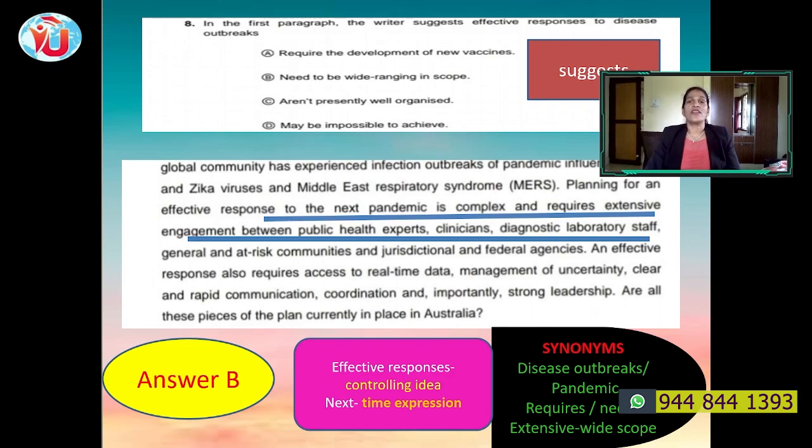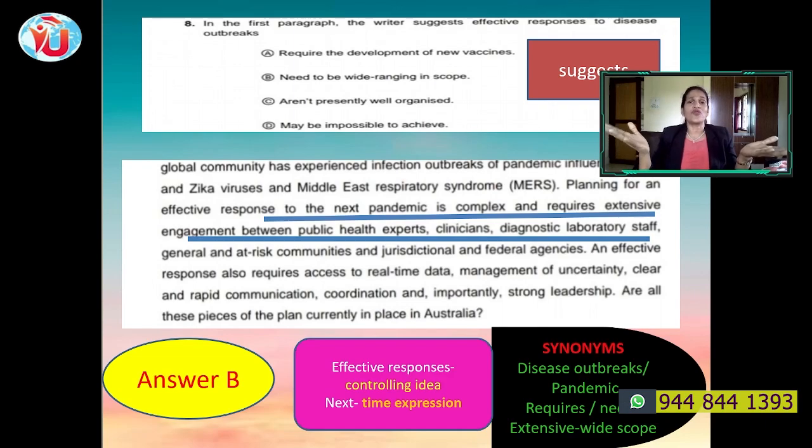You see the question, they talk about disease outbreaks. What does the text say? Pandemic. Both are the same. A disease outbreak is a disease which is not controlled. What is a pandemic? Pandemic is also the same, it comes just like that where you have no control. We have already experienced the corona pandemic and we are into the pandemic era.